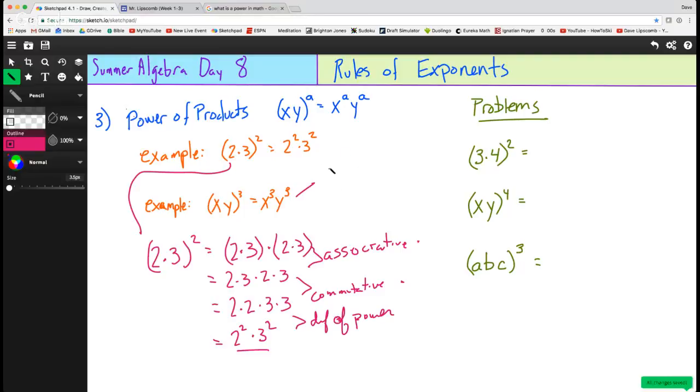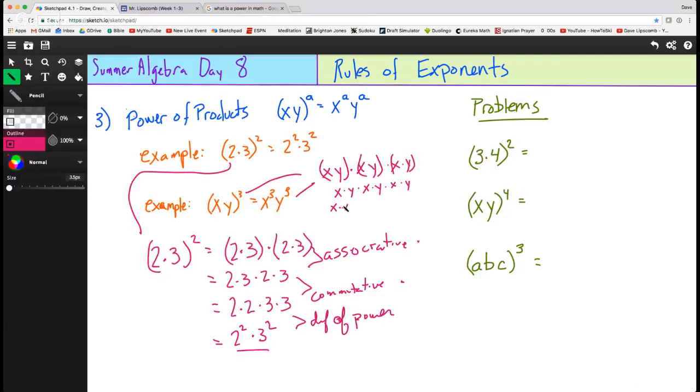And so I can similarly show this one here. Let's do this one. This is x times y times x times y times x times y. By definition of power, the inside thing is multiplied by itself 3 times. Now I'm going to get associative on you and just drop my parentheses.